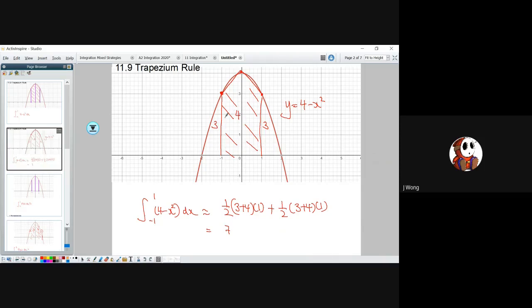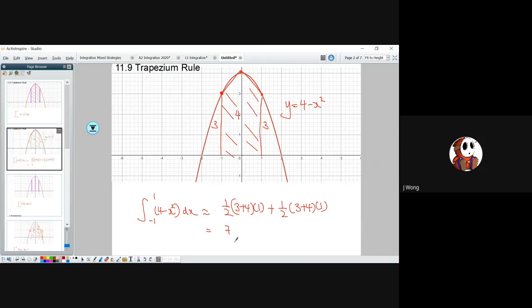And then you could use the formula for the trapezium to work it out, which is the sum of the parallel lengths multiplied by the width, which is 1, divided by 2. And in this case, it will be the same shape because it is symmetrical. So you could add this up to get 7.